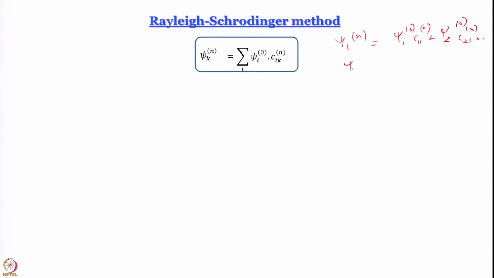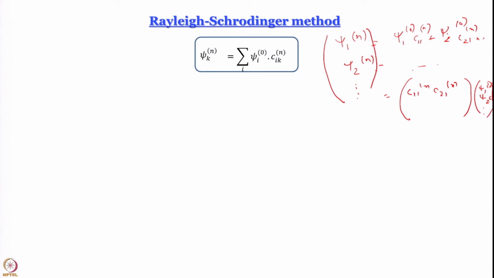I can write something similar for psi 2 nth and I can go on. So, what do I get? On the right hand side I can write this as a matrix, C11 nth, C21 nth, and so on, a square matrix, and here on the left I am going to have psi 1 zeroth, psi 2 zeroth and so on. Okay. I can write it as a matrix equation. So, these coefficients are essentially matrix elements.